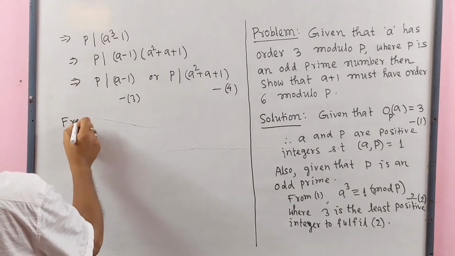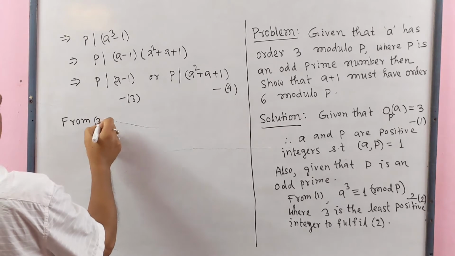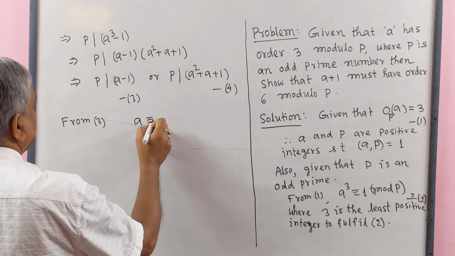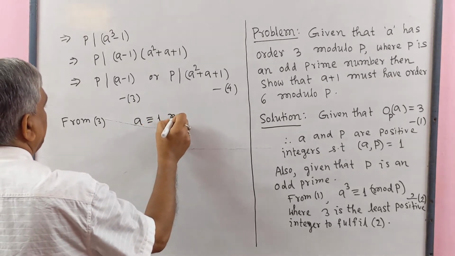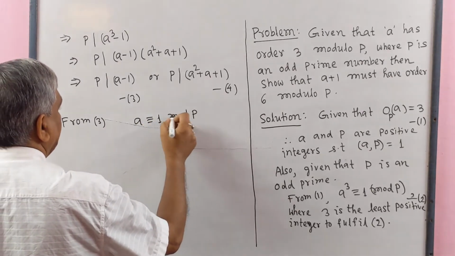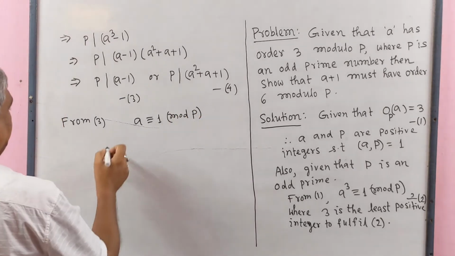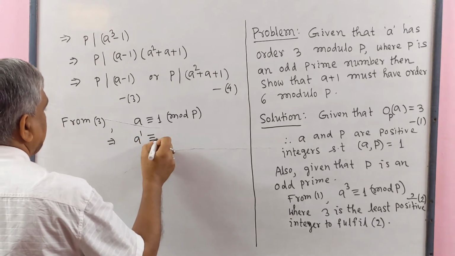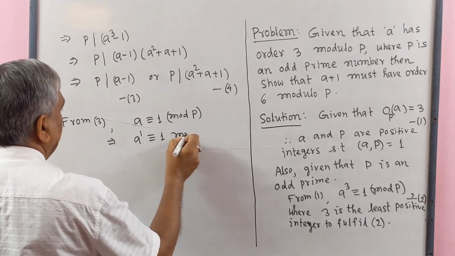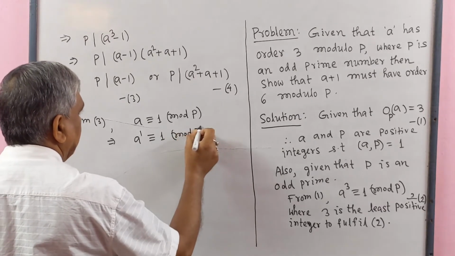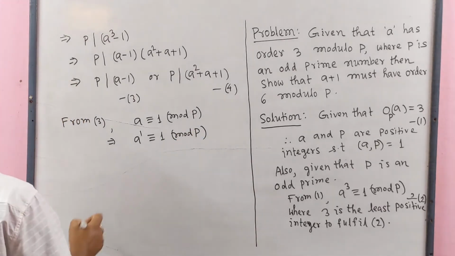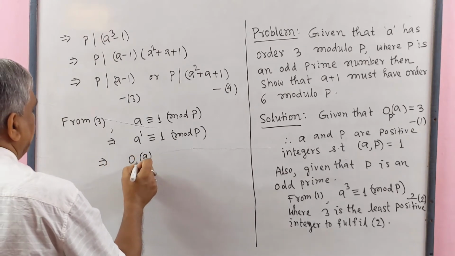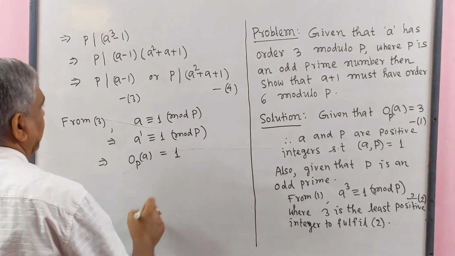From 3, a is congruent to 1 modulo p, implies that a to the power 1 is congruent to 1 modulo p, implies that order of a modulo p equal to 1.